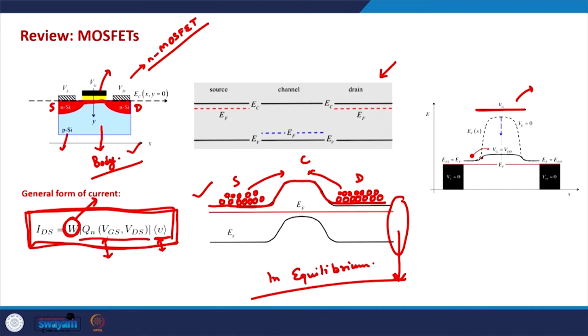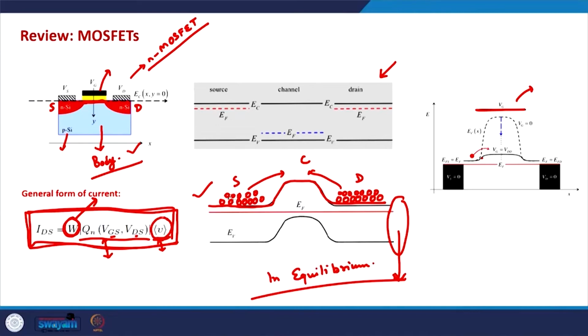The charge depends on VGS and VDS. Velocity is governed by the scattering in the channel, which means the channel length, and the electric field in the channel, which is because of the drain voltage or also in some cases the gate voltage.